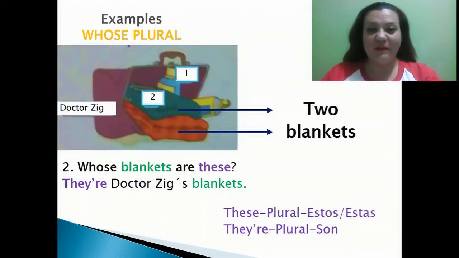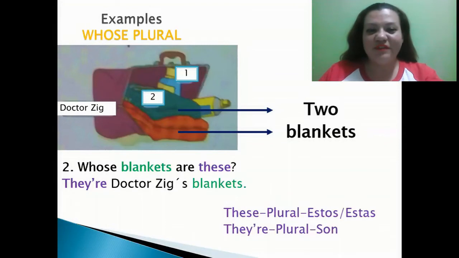Now let's look at some examples using whose and plural. Let's look at the back of Dr. Sig and focus on the picture and the number 2. So we can see in the picture that he has 2 blankets. So the question is, whose blankets are these?